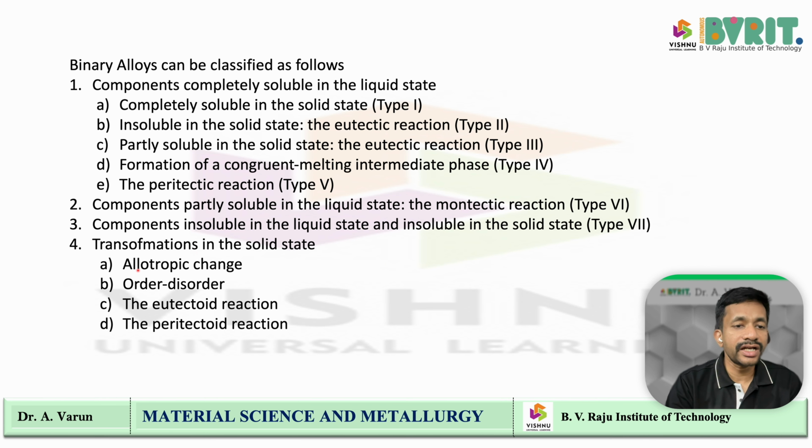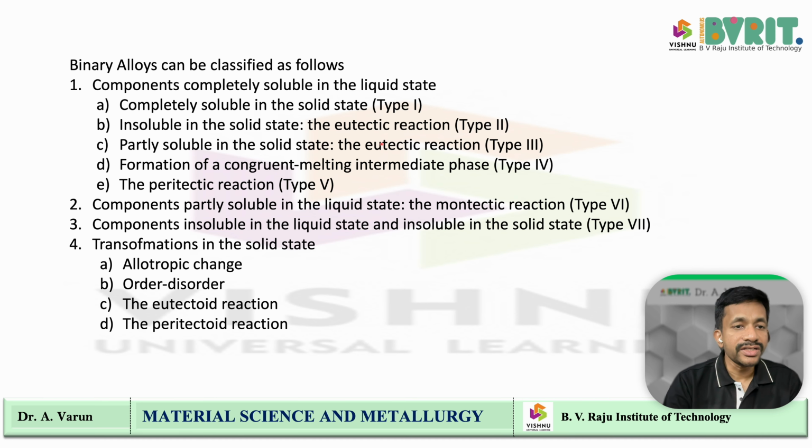One important transformation is the allotropic change, which is when a metal exhibits different crystal structures at different temperatures; that is called allotropy. Then we have order-disorder, and a similar set of names, eutectoid and peritectoid.